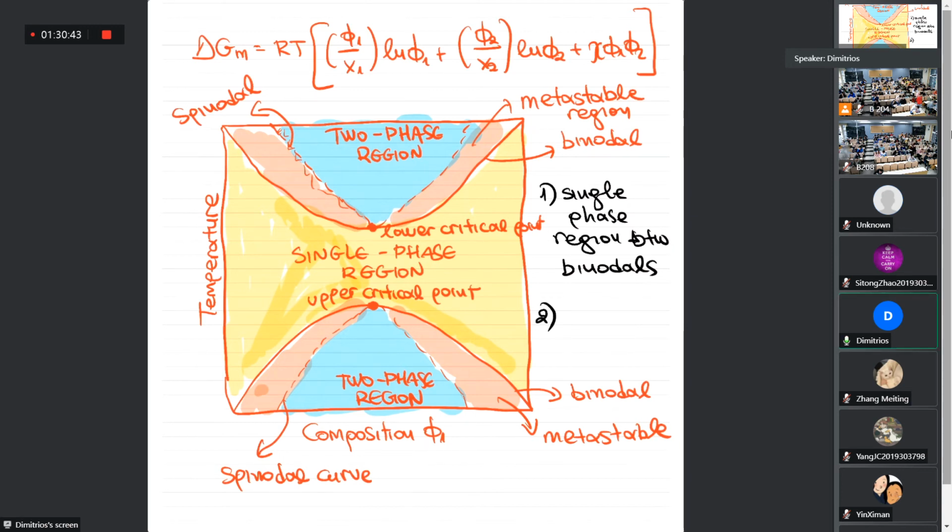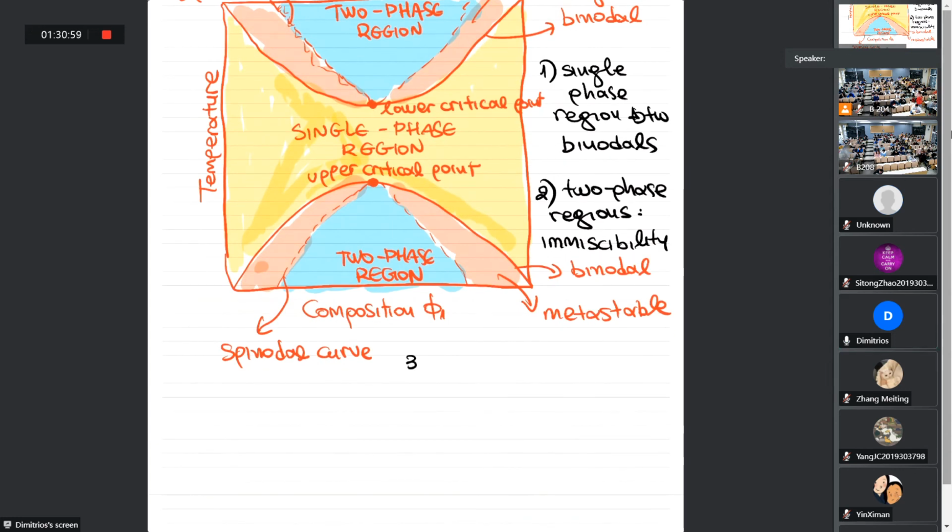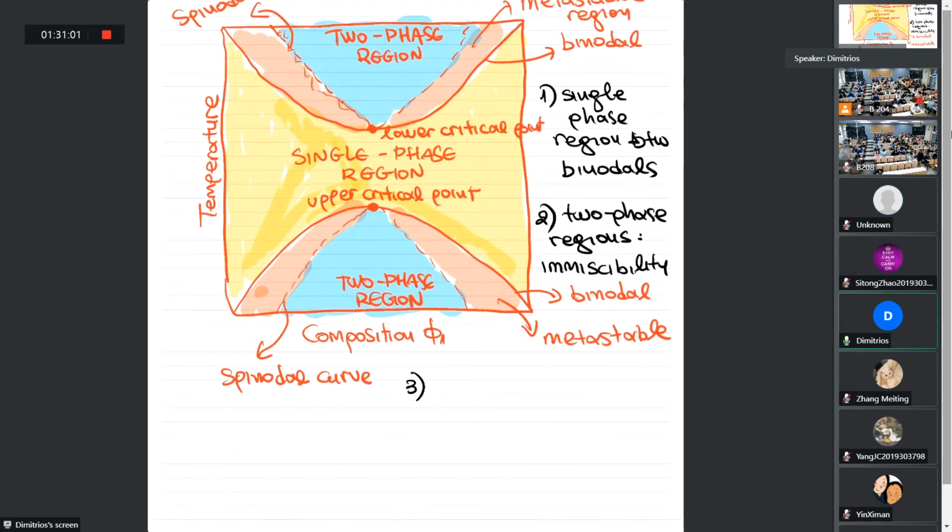Secondly, in the two phase regions, we have immiscibility. And three, the metastable region, which we can find between binodal and spinodal.